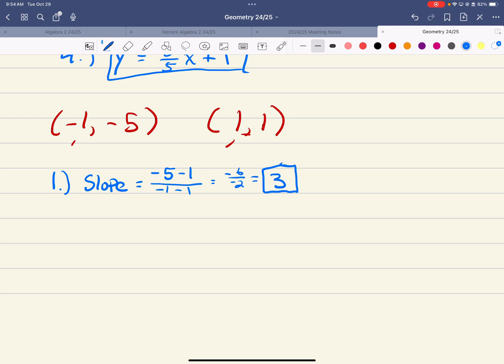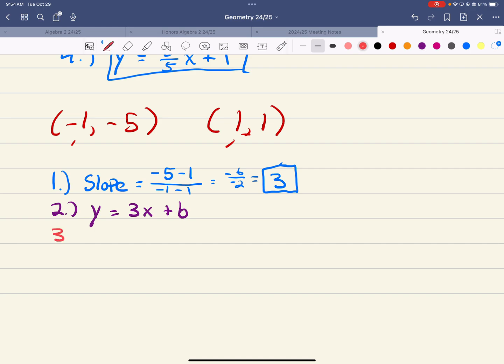We worked on that yesterday. Step 2. We're going to write the equation, putting the slope that we just found in there, and leaving everything else as mx plus b. So we have y equals my slope, 3x plus b. Step 3, pick one of the points.